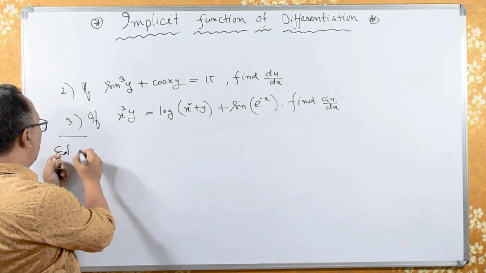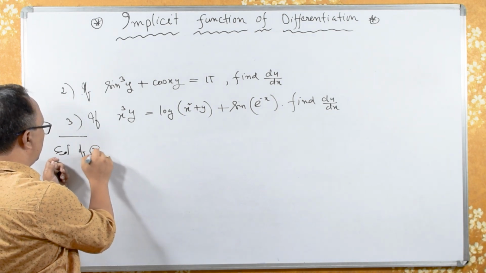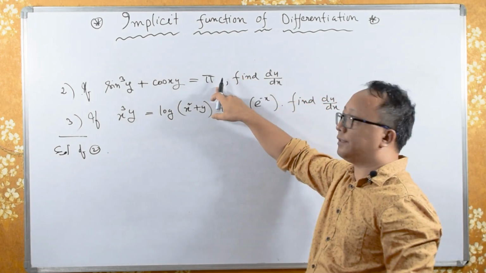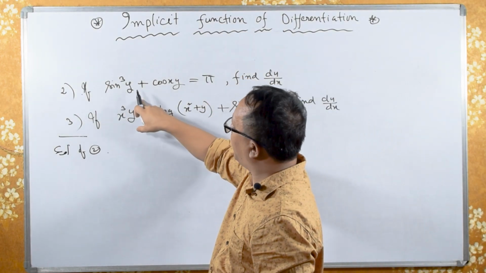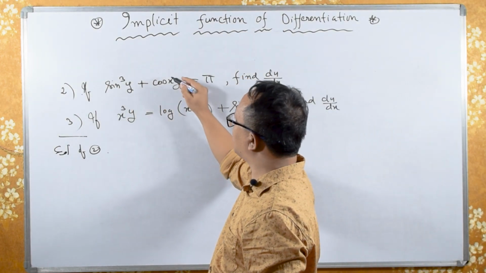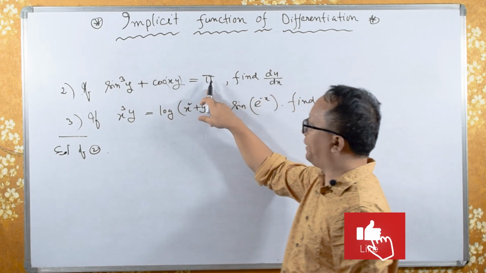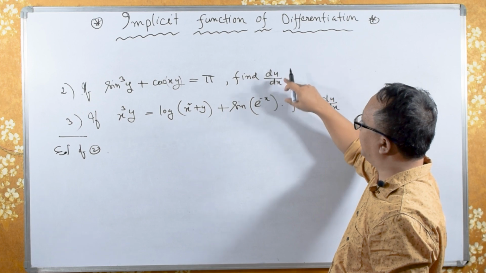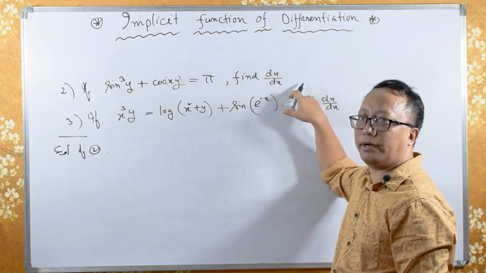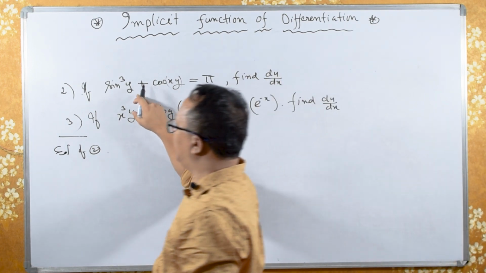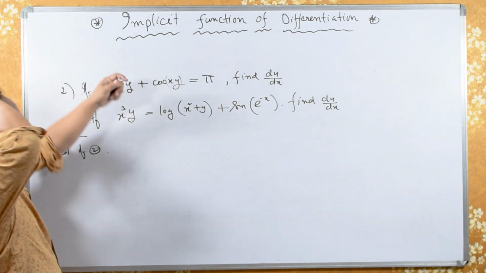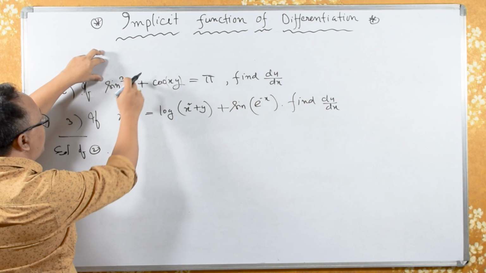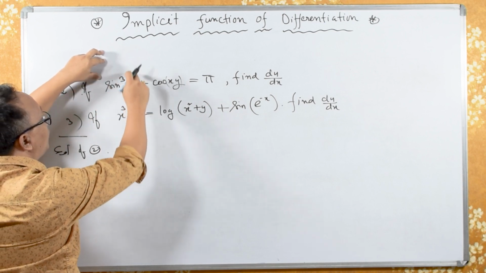Now solution of 2. Here this is pi. Here pi is constant. We have sin cube y plus cos of xy equals to pi. Now they are asking dy by dx. Be careful what they are asking, whether they are asking dx by dy or dy by dx. Now here we have to differentiate with respect to x. Here be careful, we have y. Now sin cube y is same as sin y the whole cube.